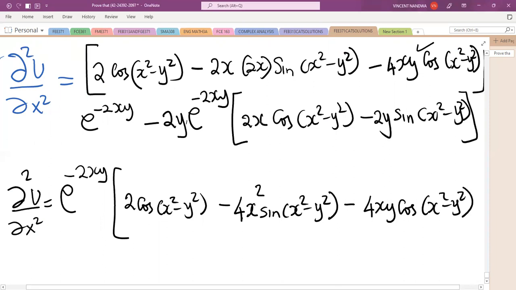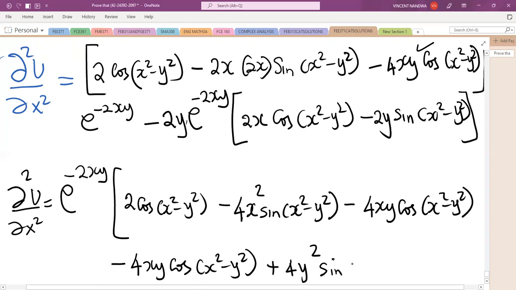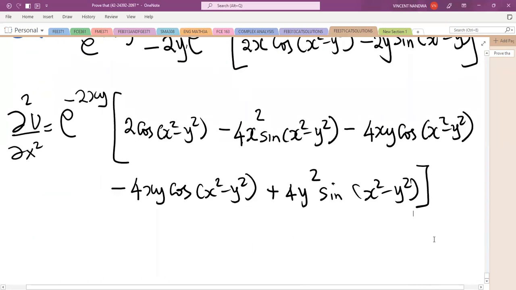So this 2y by this one, I'll get minus 4xy cos of x squared minus y squared. And then minus is plus, so 4y squared sine of x squared minus y squared. So that's what I have as my partial squared u partial x squared.